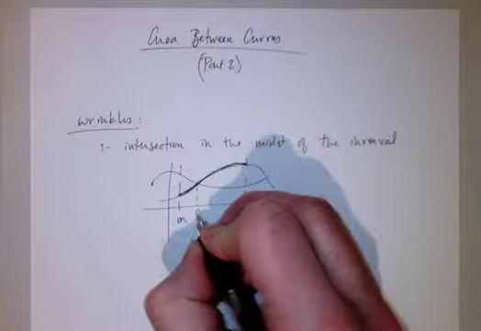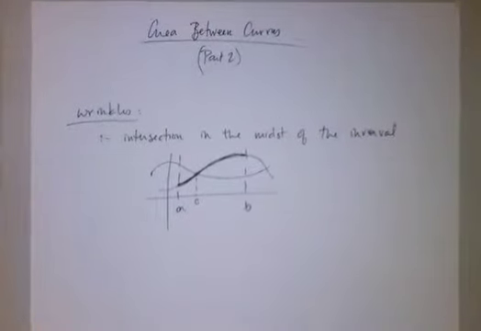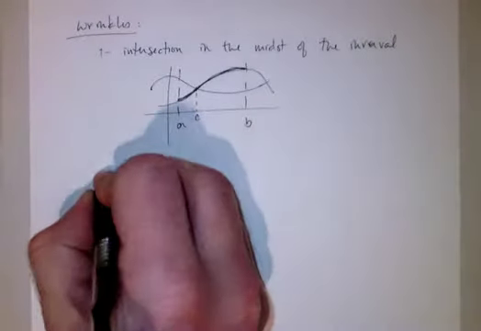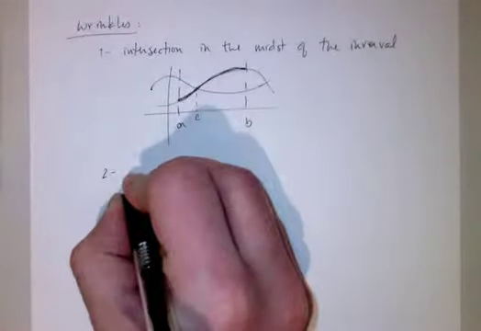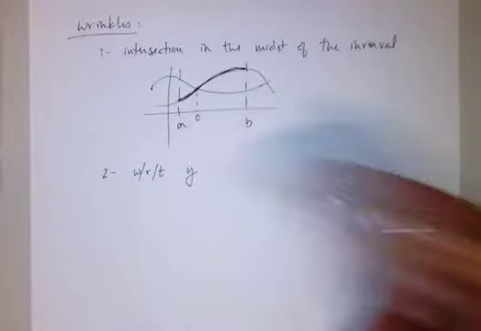That requires us to find that point of intersection in the midst of the interval and hash it out from there.